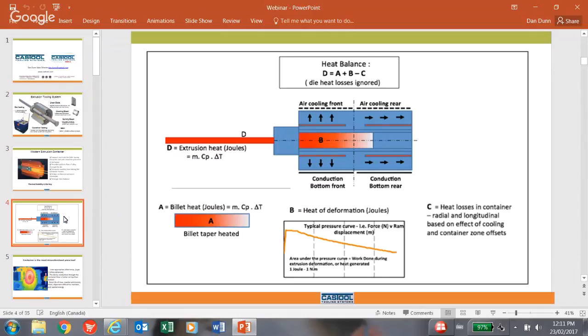We then subtract C. C is the heat lost within the container both radially and longitudinally, based on an effective cooling system coupled with container zone offsets. What we're left with is of course D, which is the extrusion temperature.